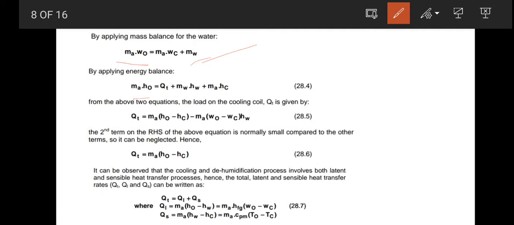So the total heat will be removed. If you see in the chart, we have two points here. This is our process, this is O and C, and the corresponding enthalpies are Ho and Hc. If you multiply this difference Ho minus Hc with the mass flow rate of air, we get the total amount of heat removed.